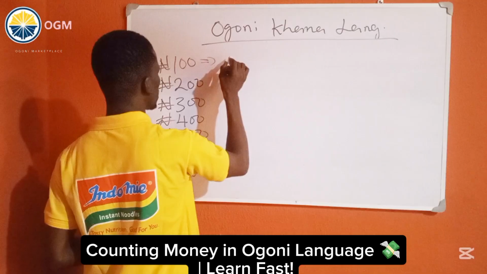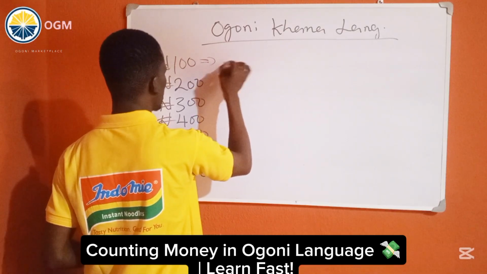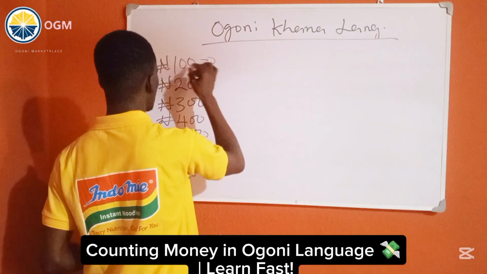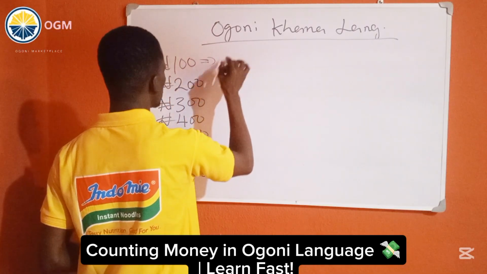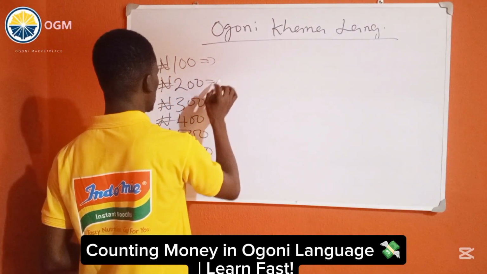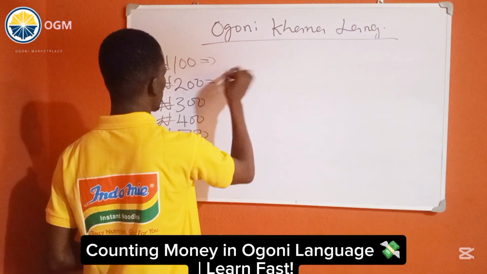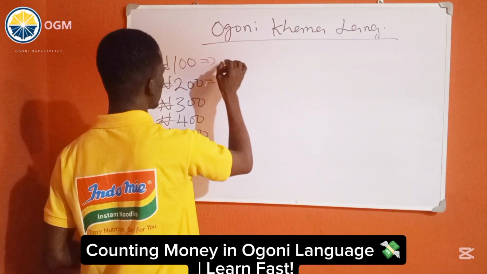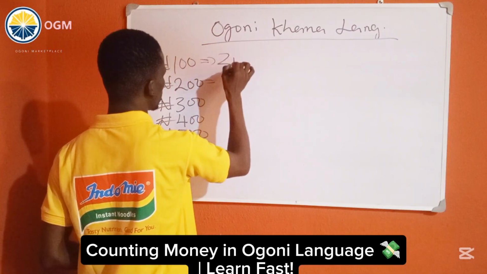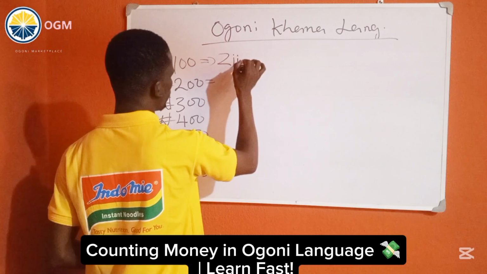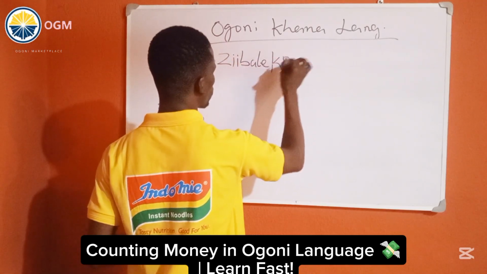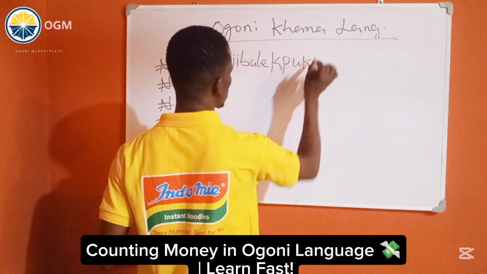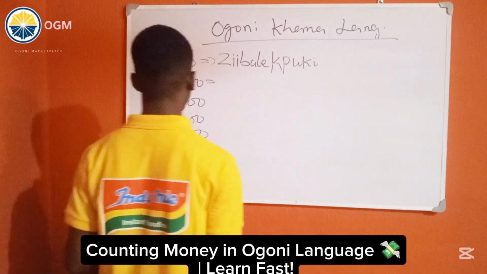So here 100 naira is equal to zin, because 1 here is zin. So 100 is called zin bele. So this is the spelling of zin bele boogie.